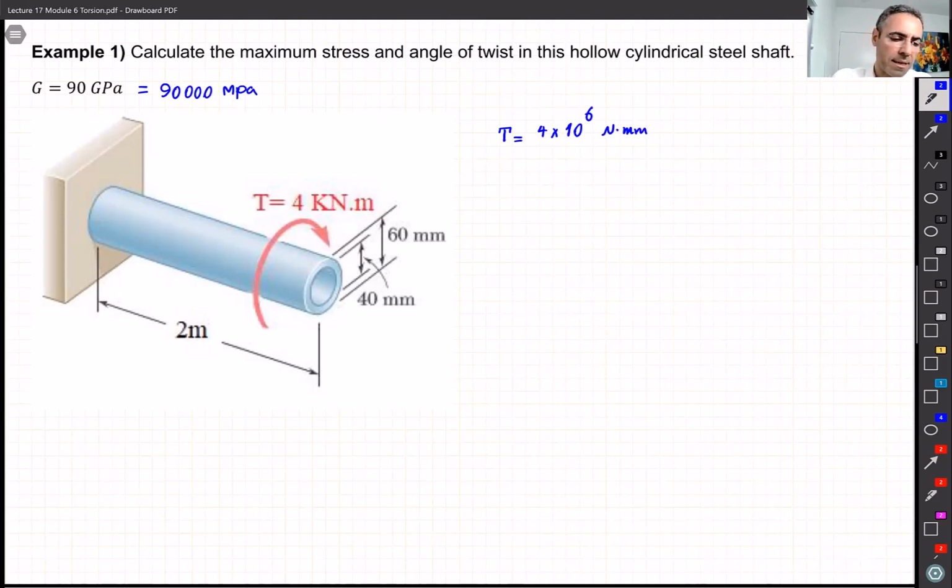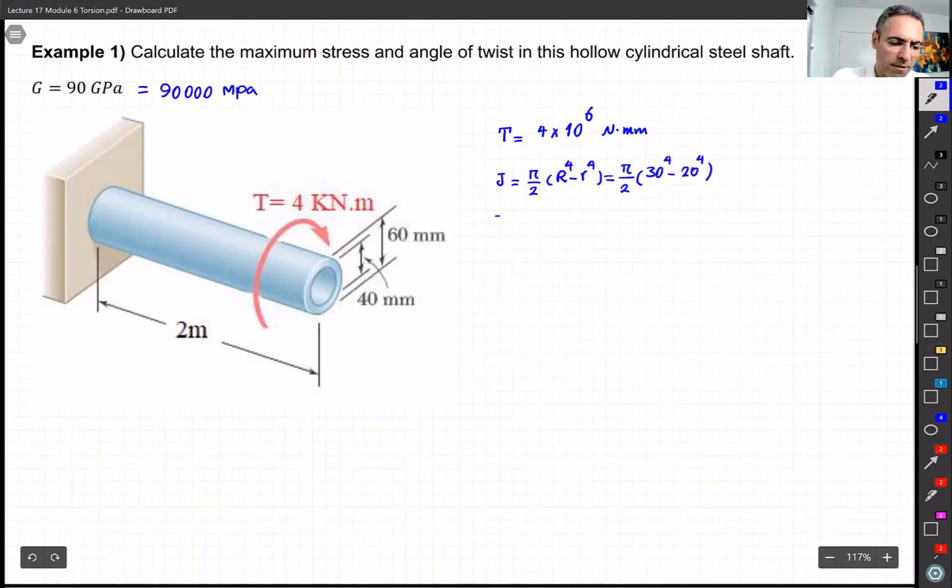And then the next step is J, polar moment of inertia for a hollow shaft, pi over 2 (R^4 minus r^4), which for us here is pi over 2 (30^4 minus 20^4).